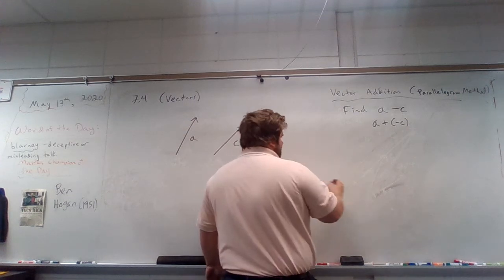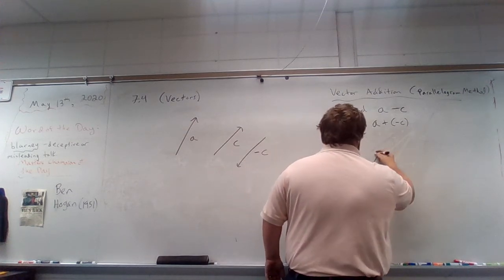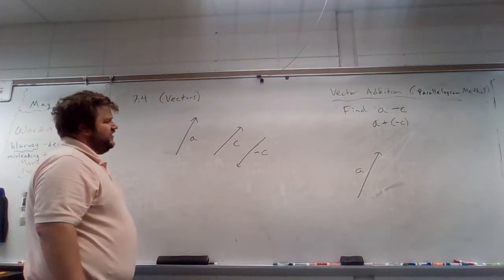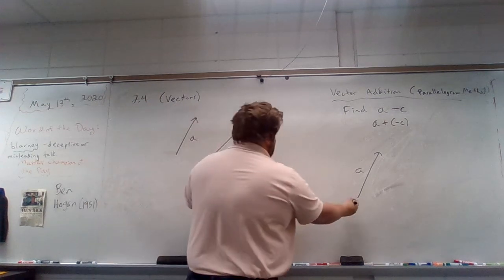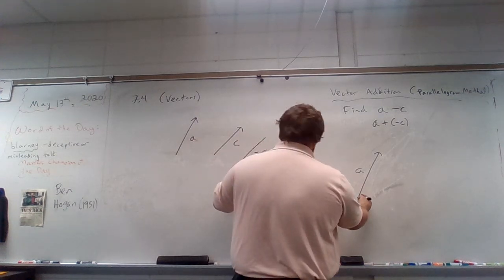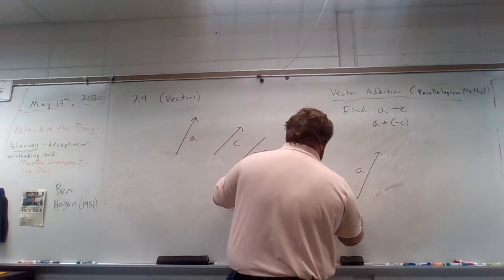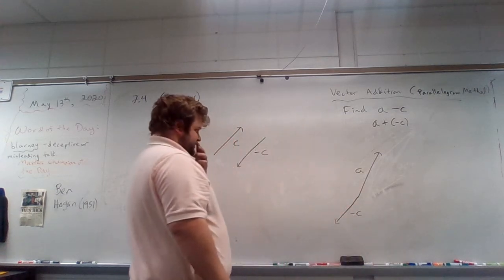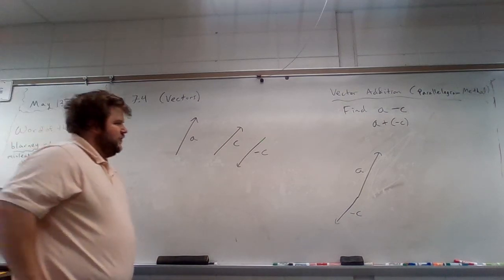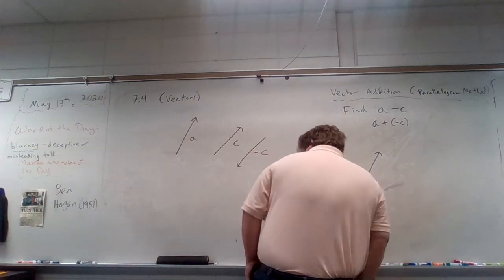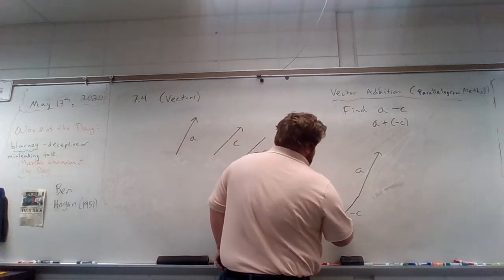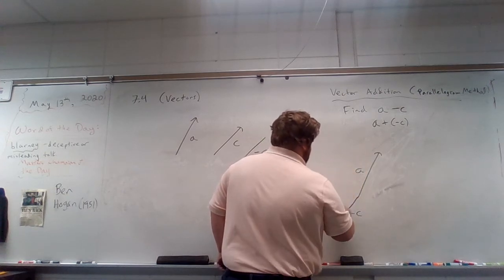So for that one, again, parallelogram method, I'm going to copy A. And then we are going to put minus C at the initial point of A. So that is going to be going, say, down here. And then we are going to make our parallelogram. So I extend, so parallel to this.